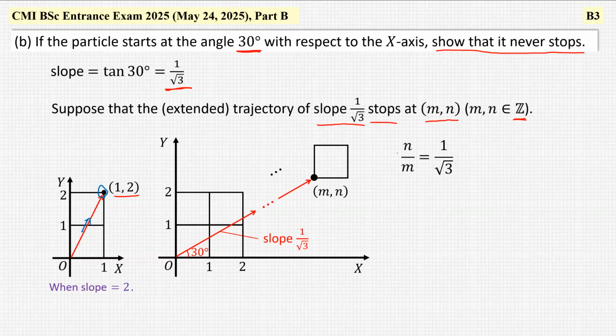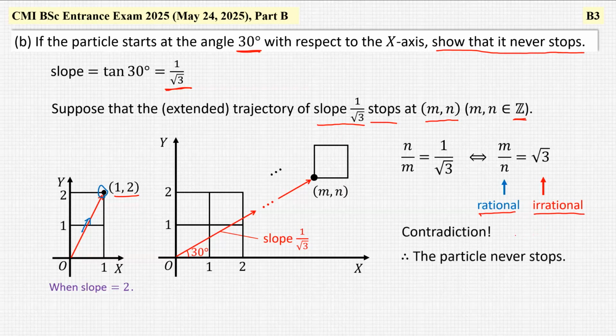This means that n over m is equal to the slope 1 over square root of 3, or equivalently, m over n is equal to square root of 3. Notice that the left-hand side is rational and the right-hand side is irrational, hence the contradiction. Therefore, the particle never stops.